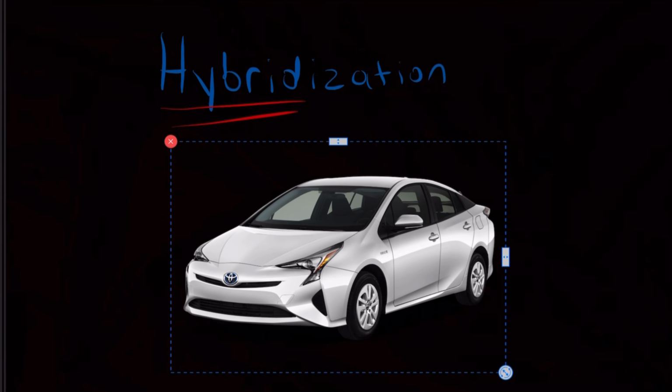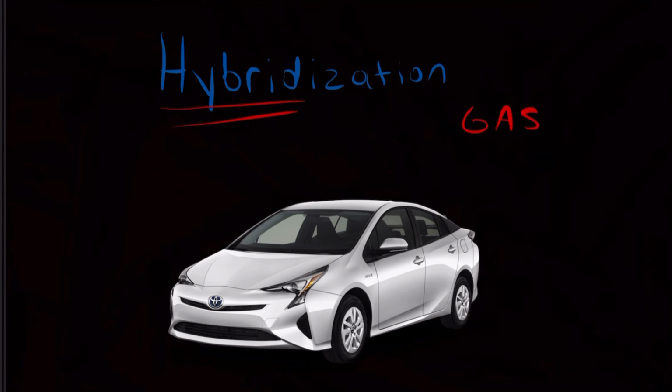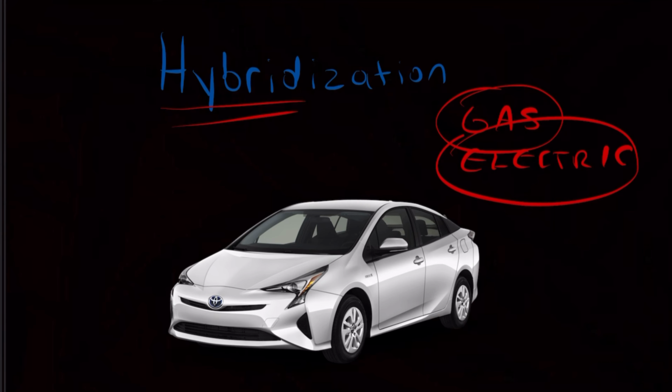We know that a hybrid is a thing made by combining two different elements. A perfect example of this would be the Toyota Prius, where this car is considered a hybrid because it has gas and it has electric characteristics or elements, and these two elements are put together. So that's what a hybrid is.